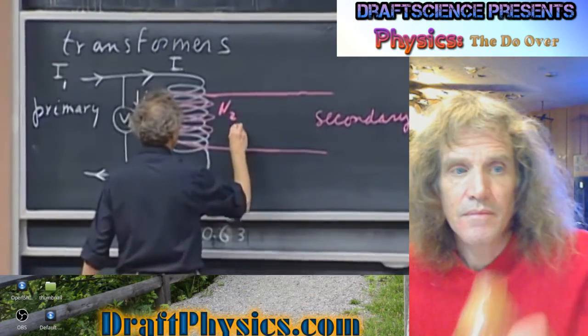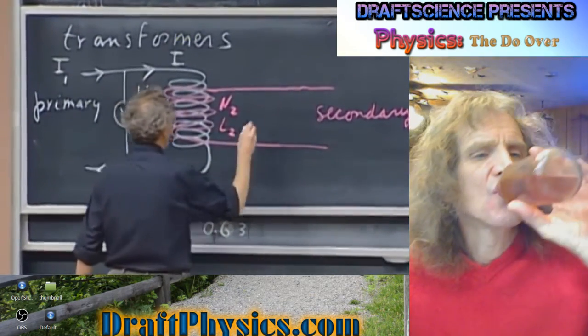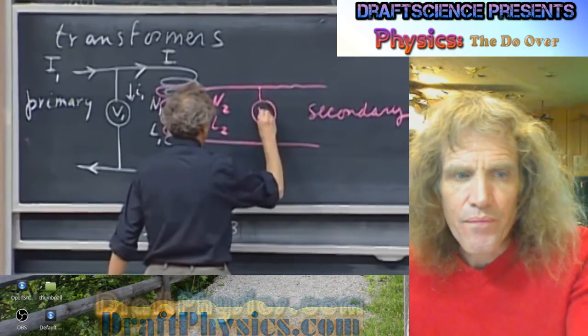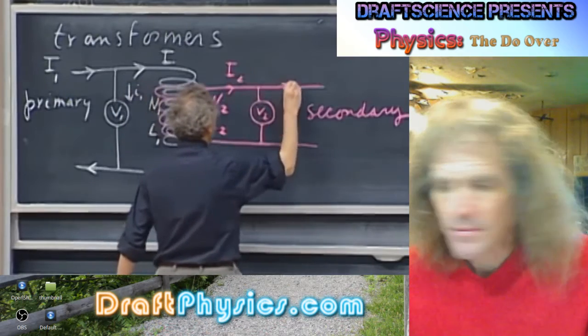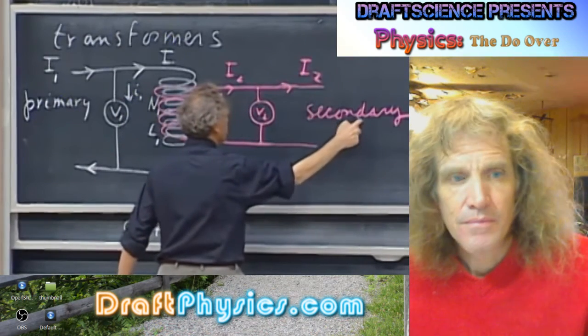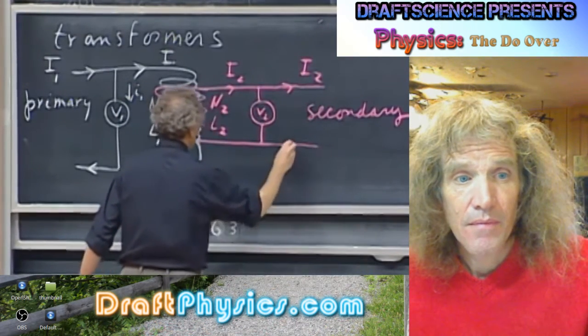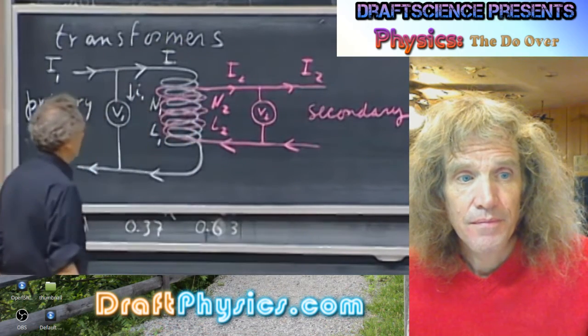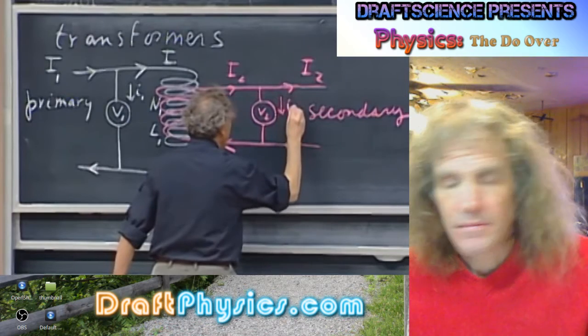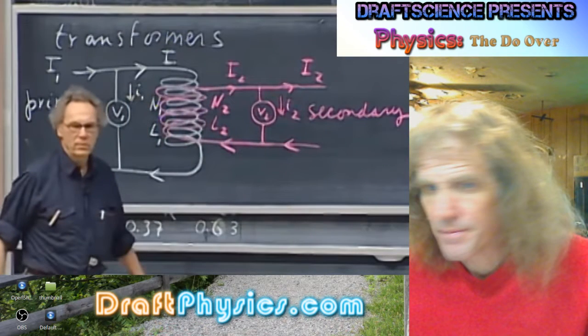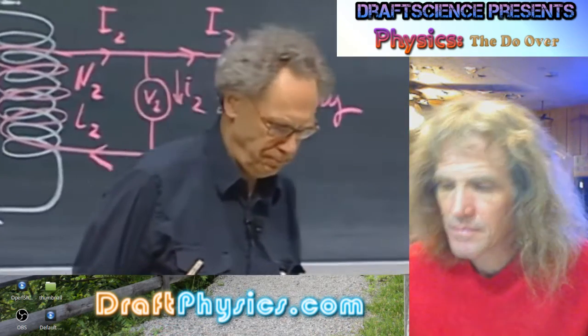It has N2 windings. Self-inductance is L2. And I put here a voltmeter V2. The current I2 is flowing here. Here's the consumer. This is where you are, maybe. And I2 is flowing back through the coil. And there is a teeny weeny little current I2 flowing, so that I can monitor the value of V2.